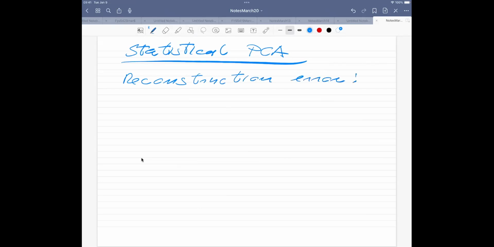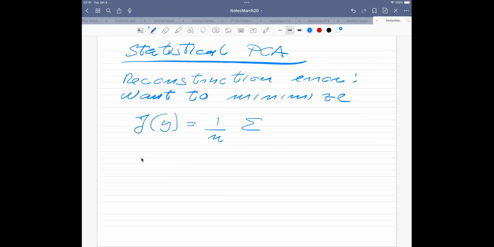So we want to minimize what we call J of y, the reconstruction error, which is just 1 divided by n times a sum over all the data we have, y of i minus y tilde of i, squared.